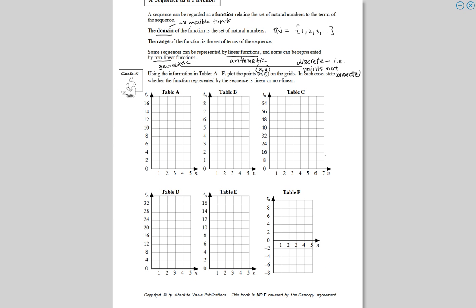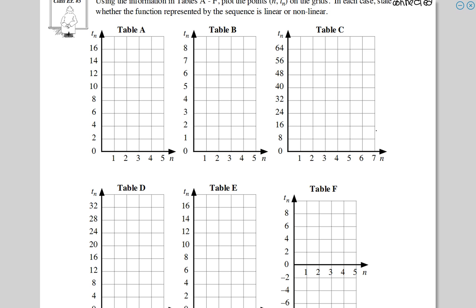Okay, so now we have to flip back to table A. You guys can keep on this page. So it went 3, 6, 9, 12, 15.